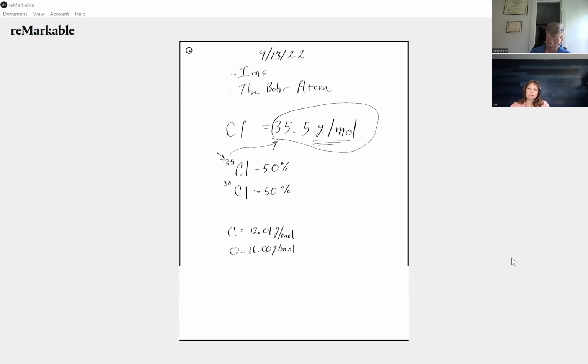Chemists realized early on that 12.01 grams of carbon would always mix with 32.00 grams of oxygen.